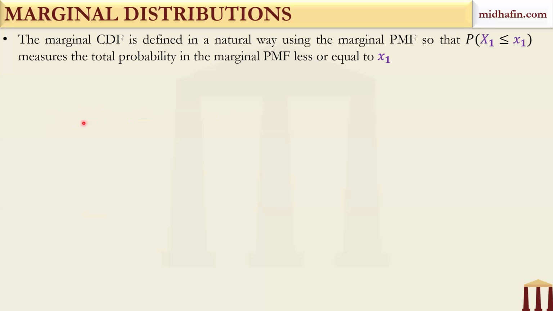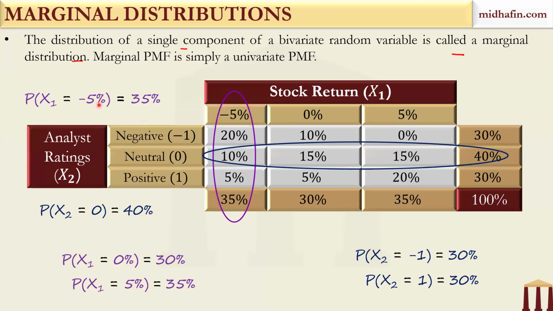Just a minute, Nitin. We'll go back. Nitin is asking what 100% represents on the previous slide. 100% is the sum of all probabilities on either side, not on both sides. Nitin, you know that the stock return can be either -5% with a 35% probability, or 0 with a 30% probability, or 5% with a 35% probability.